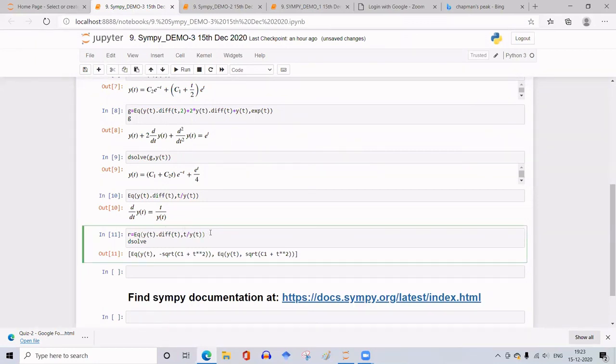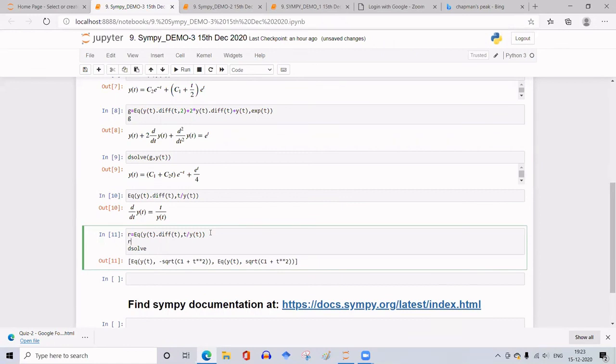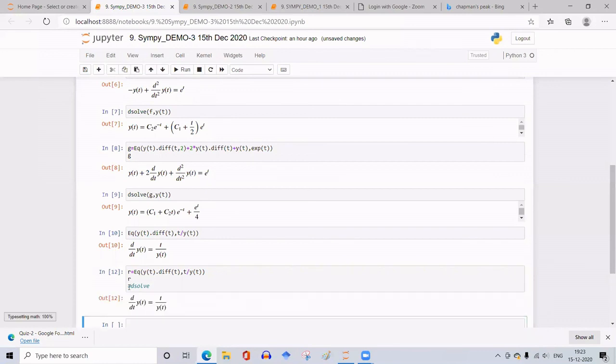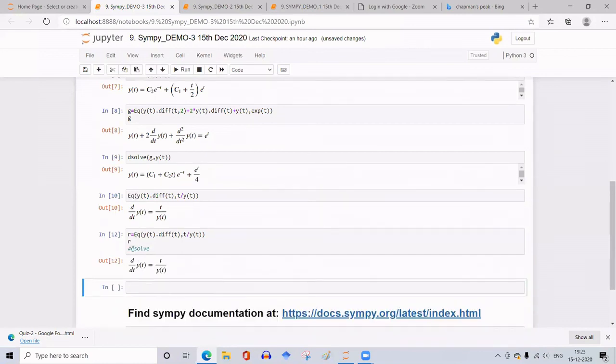Okay, then print R. Until that time, I'll suppress this. Okay, this is the equation. Now I will DSolve R, comma, for y of t.